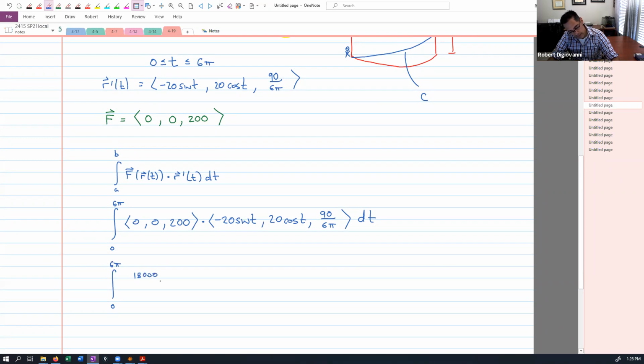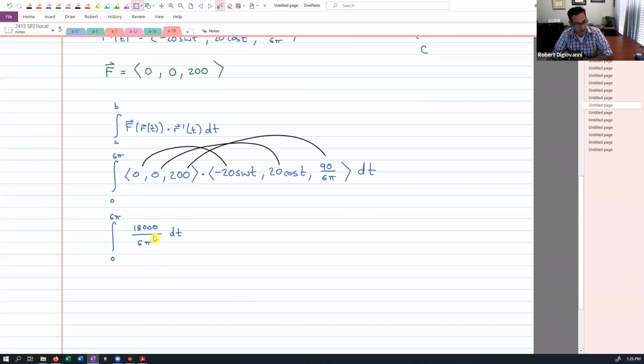18,000 over 6 pi. Is that right? I can reduce that, but y'all see what's happening here? 0 plus 0 plus 200 times that. And this is just a constant. So when I integrate that with respect to t, let me reduce that.